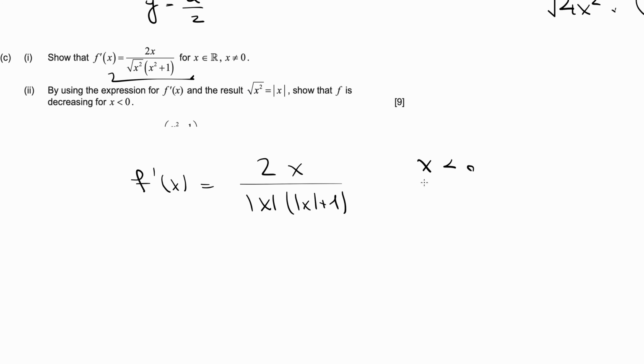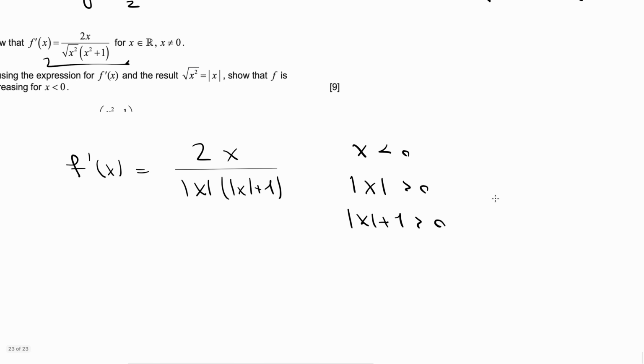But despite x being less than 0, your radical x will be greater than 0, and your radical x plus 1 will also be greater than 0. So based on this, your f of x will decrease.